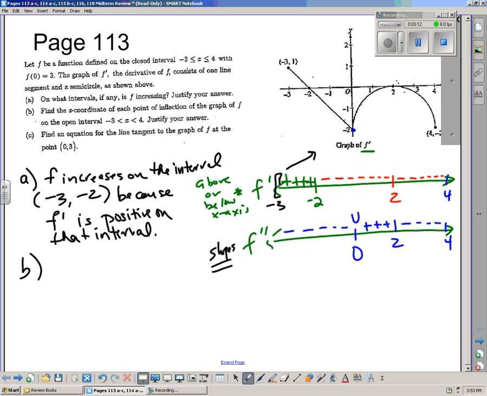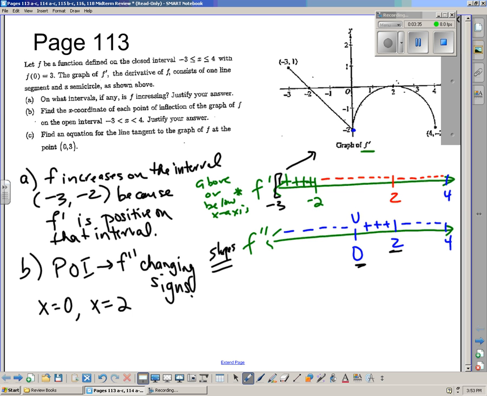Part B says, find the x-coordinate of each point of inflection. Okay? A point of inflection is going to correspond to f double prime changing signs. So when does that happen? Well, that happens at x equals 0 and x equals 2.